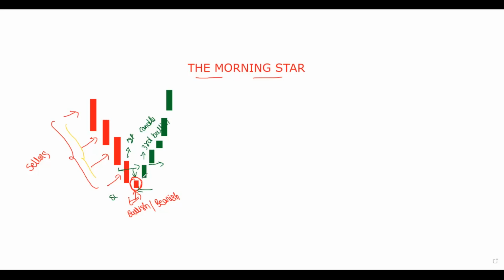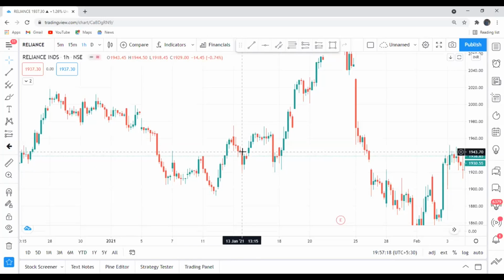Now let us see some examples of the morning star pattern in a normal chart. Here I have taken Reliance Industries in the 1 hour chart. Initially a downtrend is there.